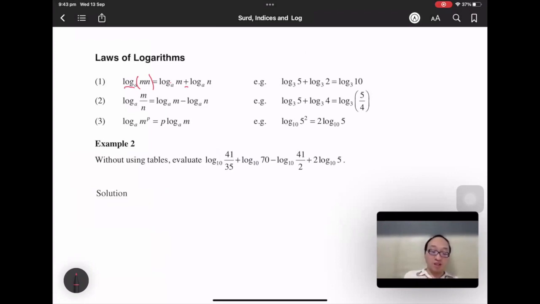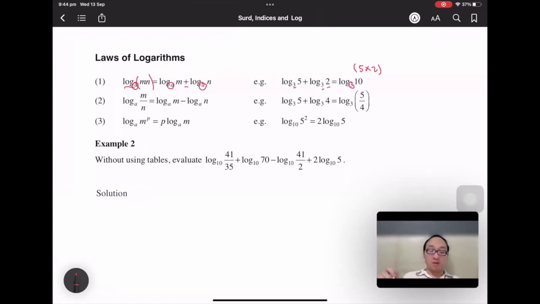And you see that the base is the same. For example, log base 3 of 5 plus log base 3 of 2, we can just make it into log to the base 3 of 5 times 2, which becomes 10.